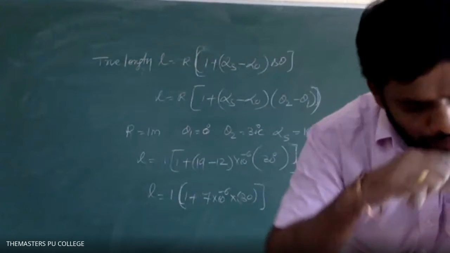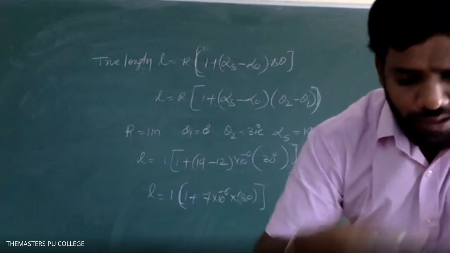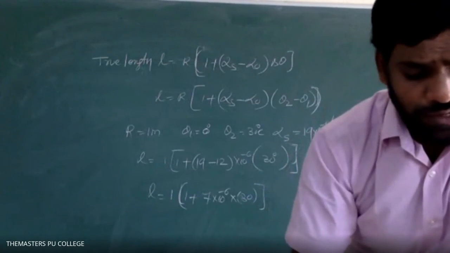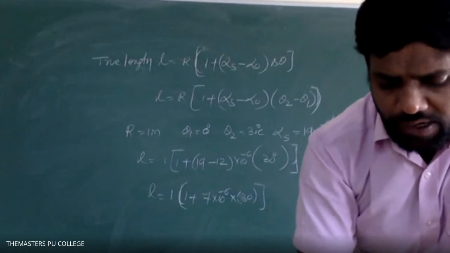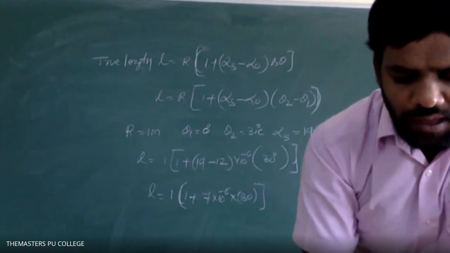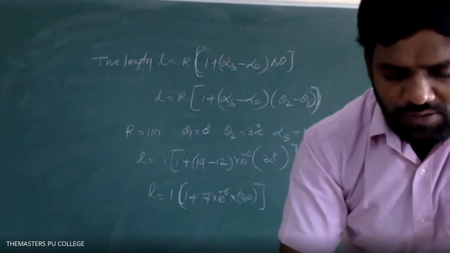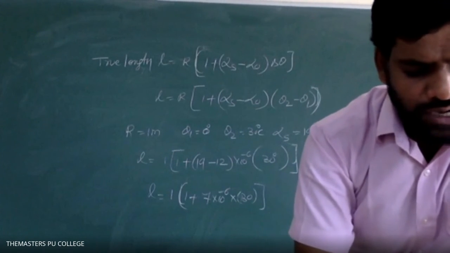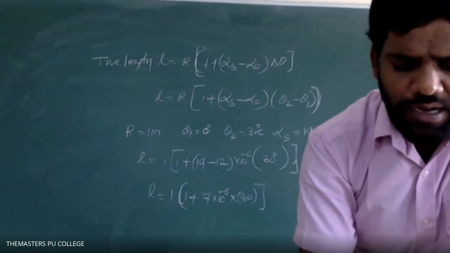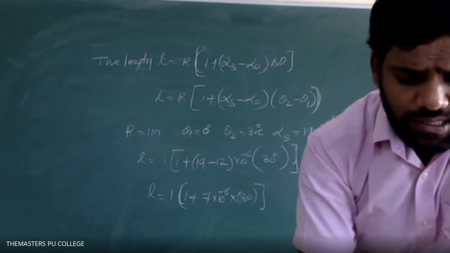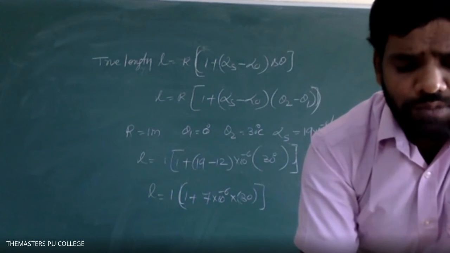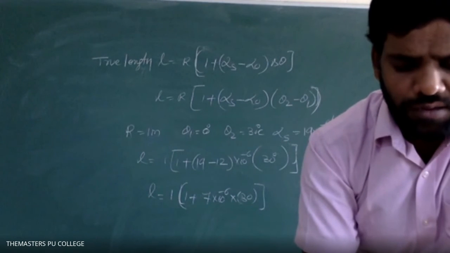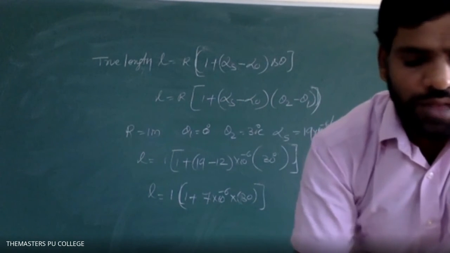Actually, they have given the question a bit reversed. If you read it like this, it will be clear. So once again, I am reading the question. A brass scale which is correct at 0 degrees centigrade is used at 30 degrees centigrade to measure a steel rod, length observed to be 1 meter. Then what is the true length?